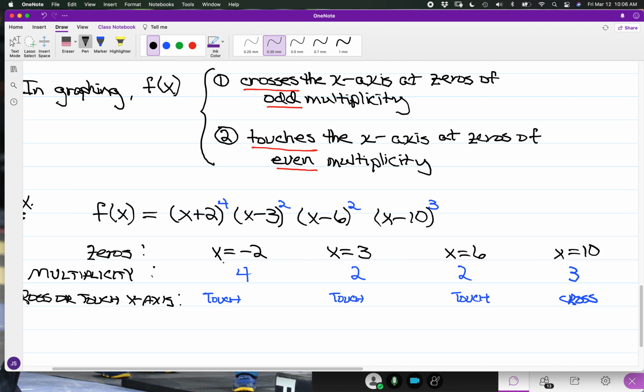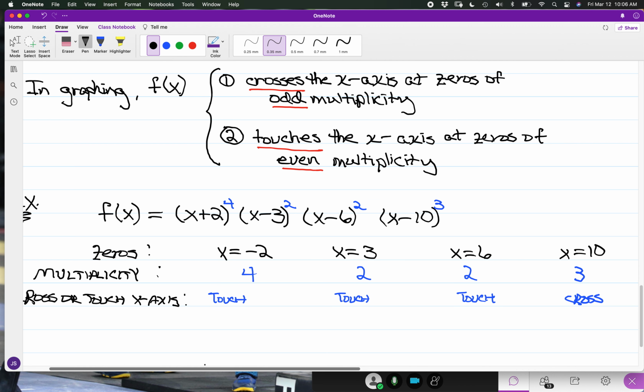For the activity, again, negative 2 has a multiplicity of 4. So the function f of x is going to touch at x is equal to negative 2. And with 3, with a multiplicity of 2, the graph is also going to touch the x-axis at x equals 3.